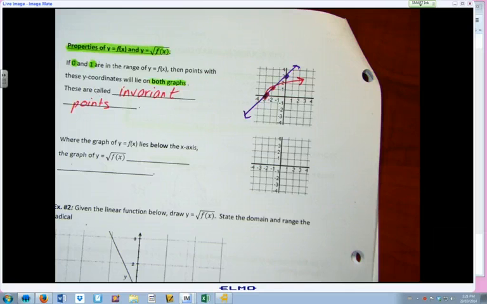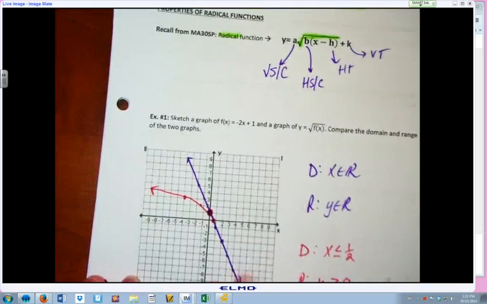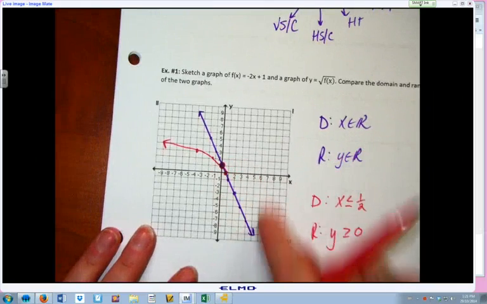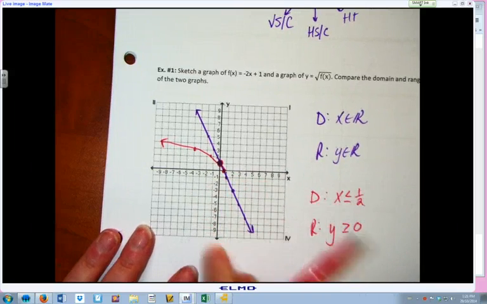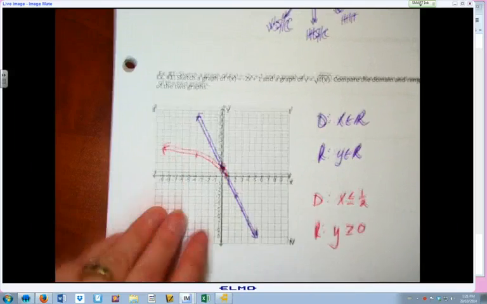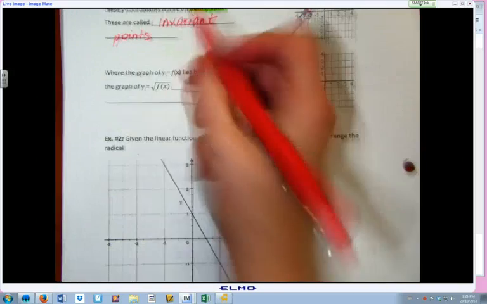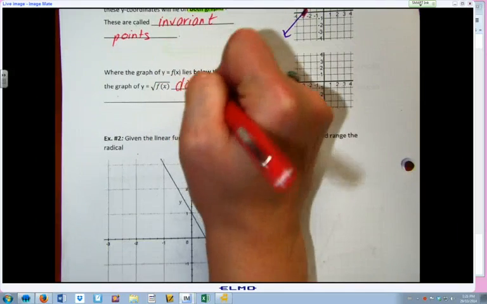The second thing we know is that where the graph of f of x lies below the x-axis, these points we talked about here, if they lie below the x-axis, what do we know about them for our square root graph? They're non-existent, they do not exist.